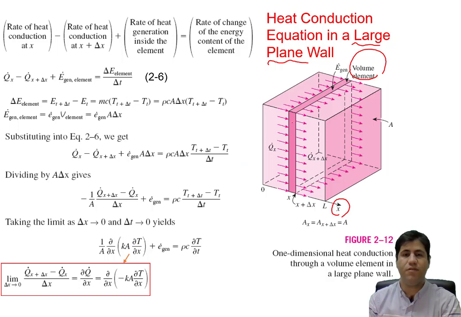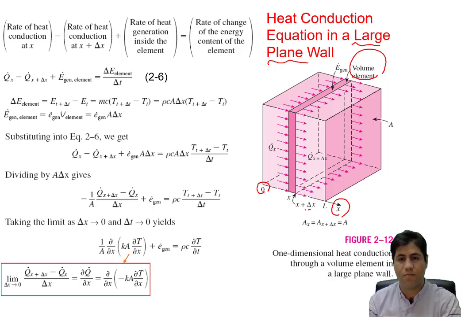Then if we write the heat balance equation for this volume element, we have the rate of heat conduction to this volume element from this direction. We select our reference here. This is x, the distance from our reference.